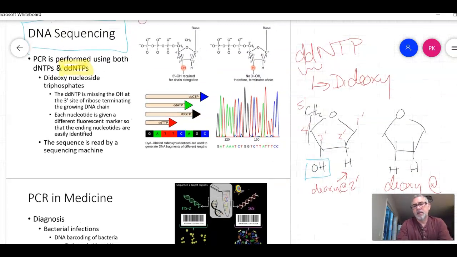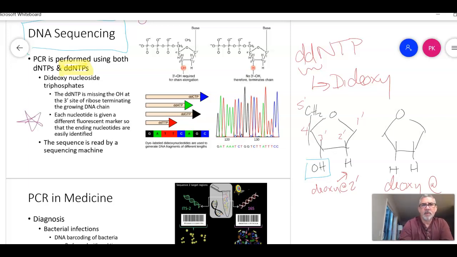And we would have done spectrophotometry by now a bunch, and we use spectrophotometers to read the fluorescent markers. It will give us the sequence based on the color, right? So each dideoxy has a fluorescent probe attached to it.